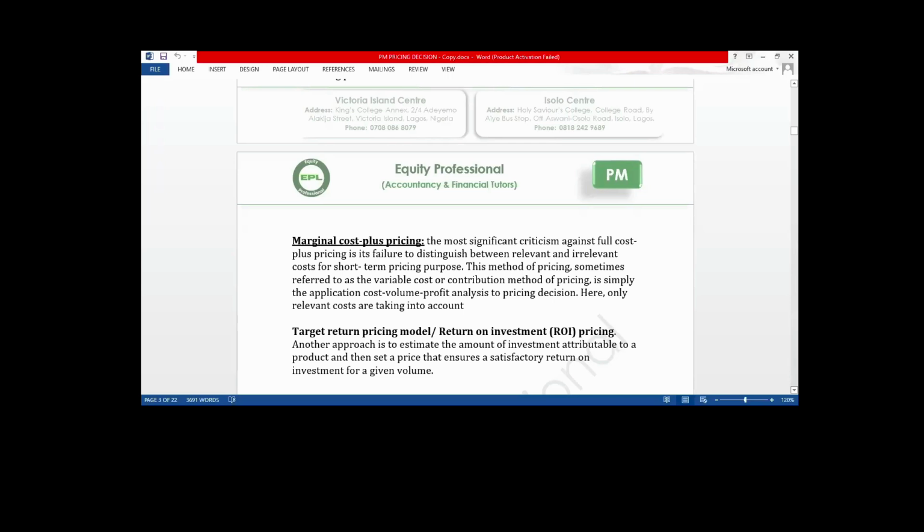The variable cost of production will be added, and a percentage markup will be added to the total variable cost so as to arrive at the selling price.